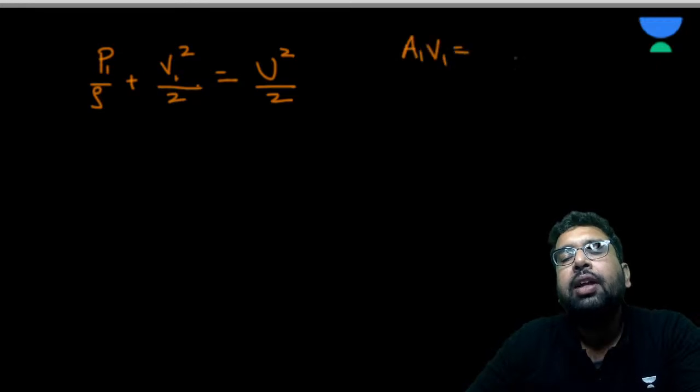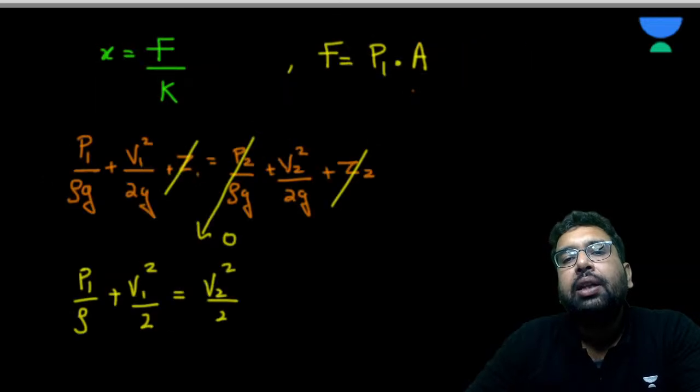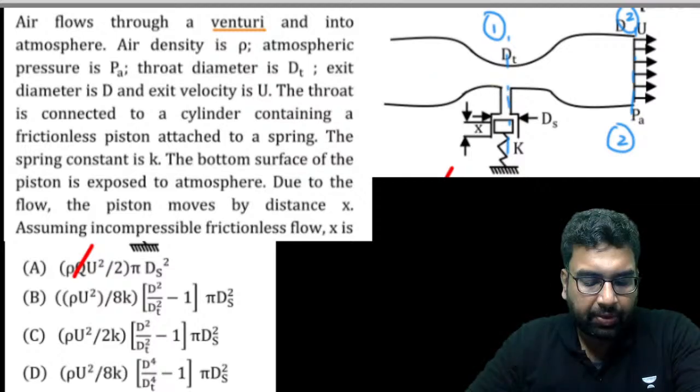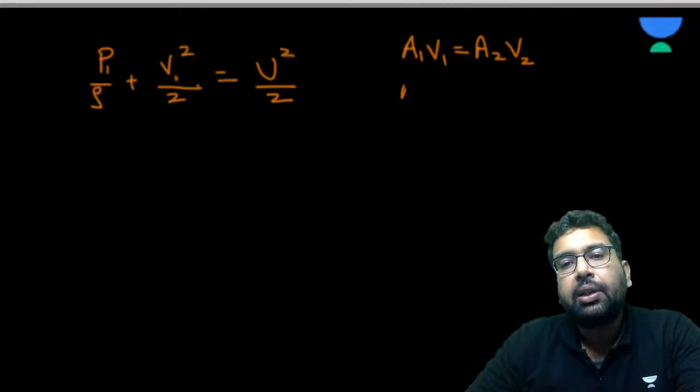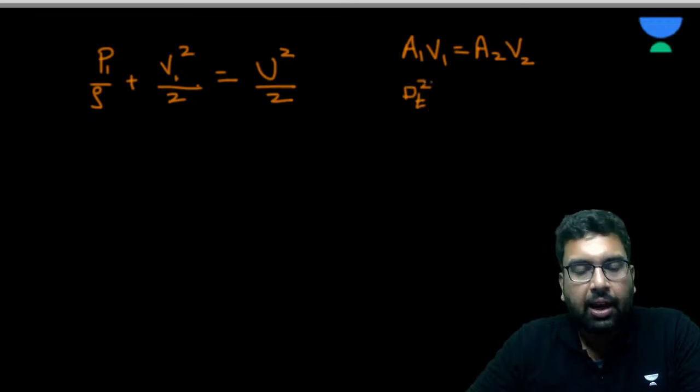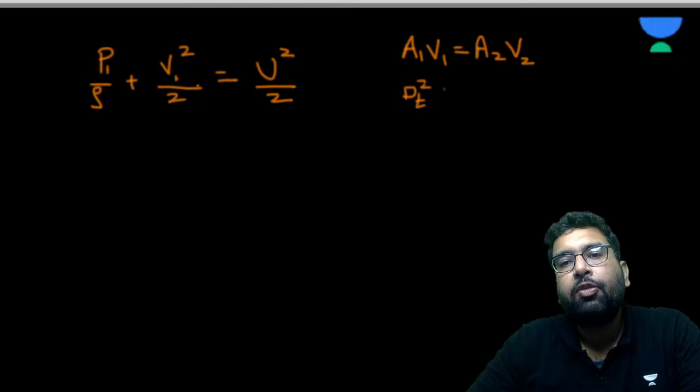From the continuity equation, can we write A1 V1 is equal to A2 V2, right? So what is A1? The diameter at section 1 is given, that is dt. So pi by 4 will be cancelled out, and this will become dt square. I have cancelled out pi by 4 and pi by 4 and V1.